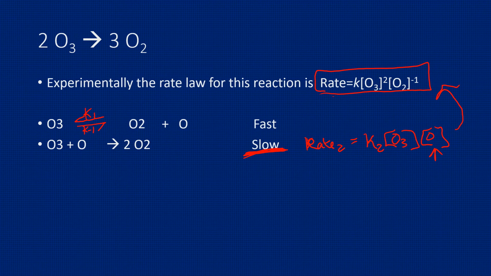So K1 times the concentration of O3 is equal to K to the negative 1 times the concentration of O2 and O.